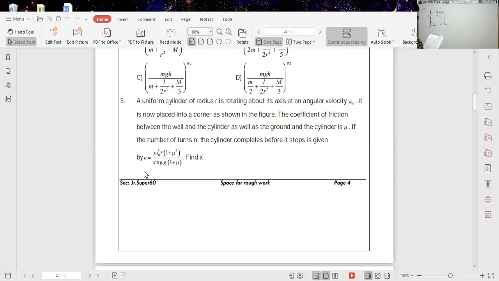If the number of turns the cylinder completes before it stops is n, here the initial angular velocity of the cylinder is omega naught. The final angular velocity is 0 after it completes the number of rotations, small n, that is the question mark they asked. Okay, now all of you see the board.